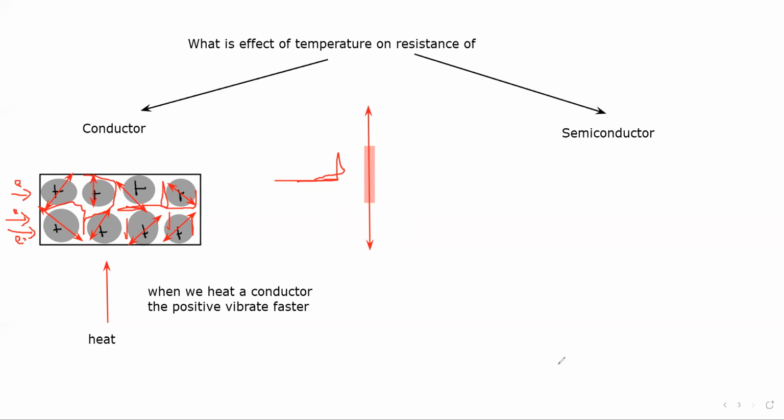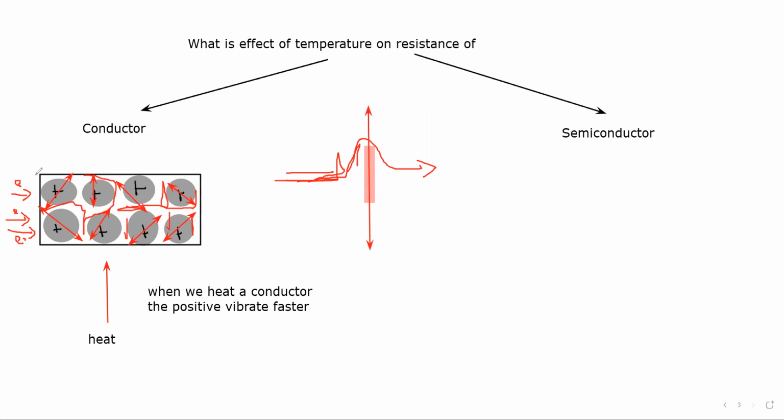It's simply like a maze. When the positive ions are vibrating, there is a disturbance within the path, so electrons find it difficult to move. So few electrons are able to pass, and most of them are being stopped by these positive ions.